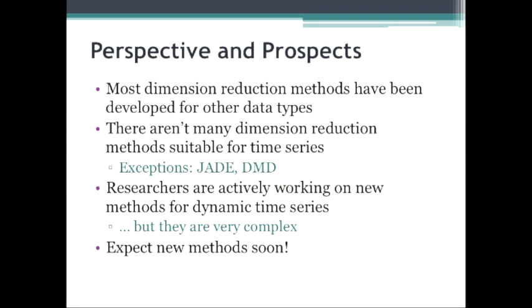There are a few dedicated methods for time series. They have not found a lot of use among the neuroscience community, with some exceptions, I think partly because they're hard to use, and partly because they don't seem to give any really striking advantages, at least so far. So I'm not necessarily recommending these.